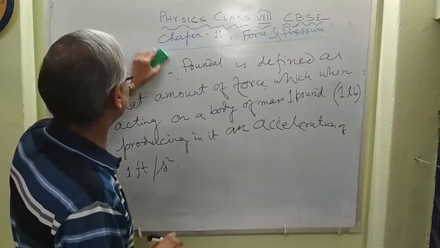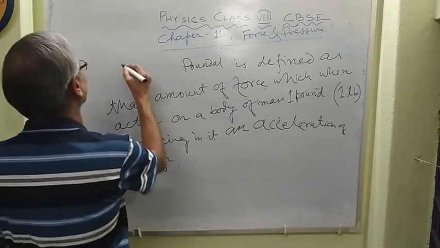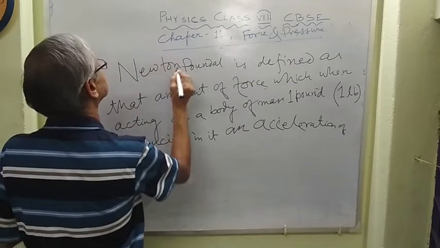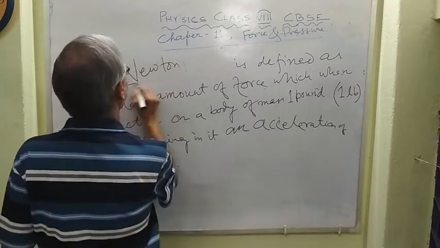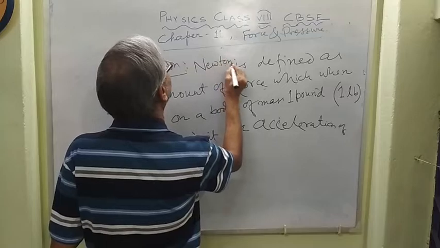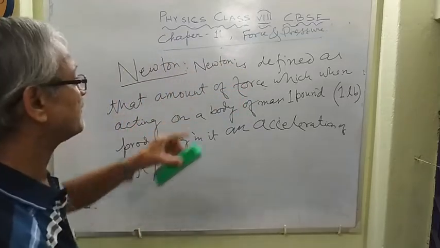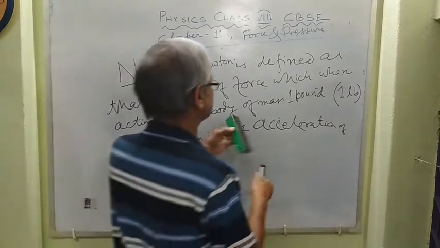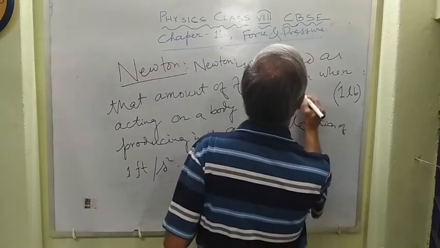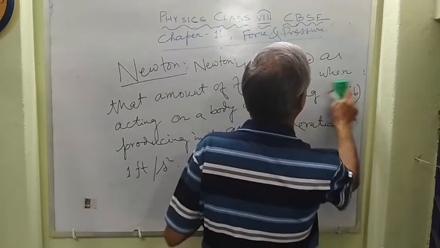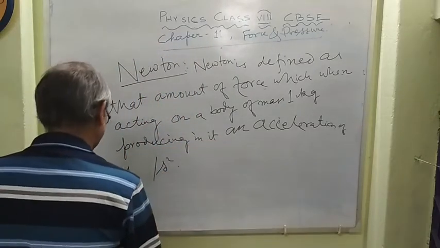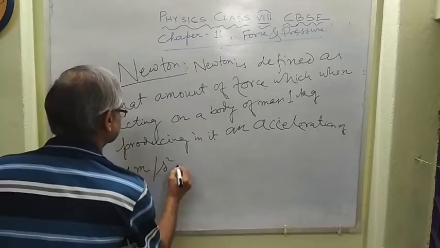Now, we define the SI unit of force, that is Newton. Newton is defined as that amount of force which, when acting on a body of mass 1 kilogram, produces in it an acceleration of 1 meter per second square.